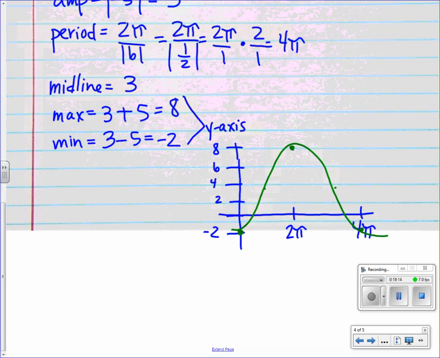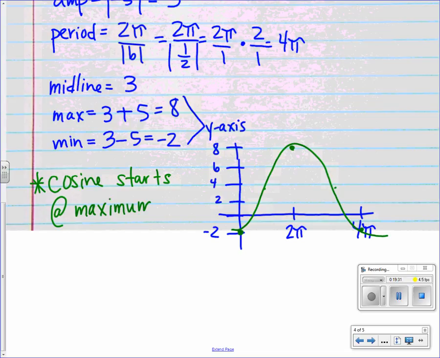Okay, there's one more thing I forgot to have you guys write, and this is really important. It will help you a lot, okay? Cosine starts at maximum unless what?